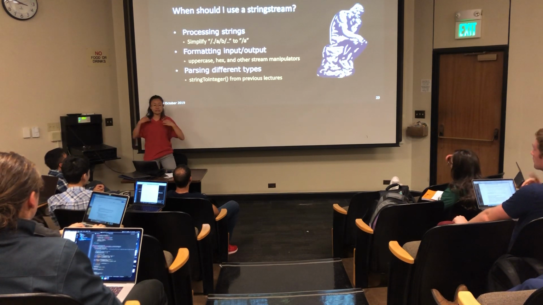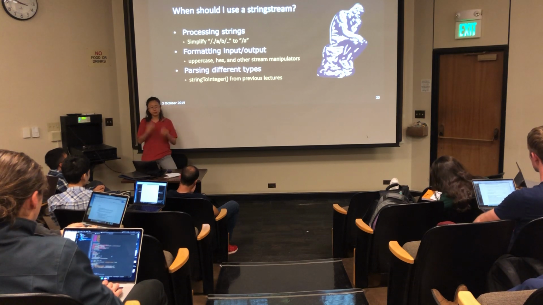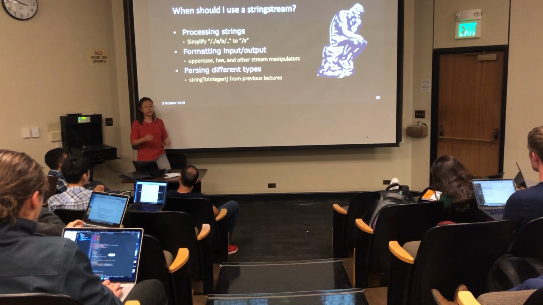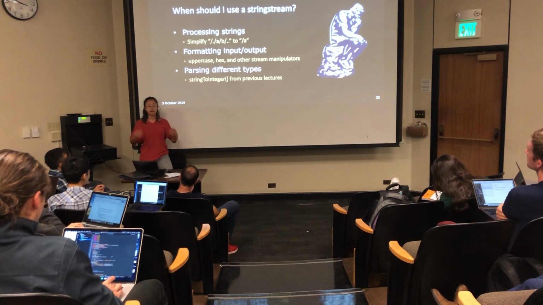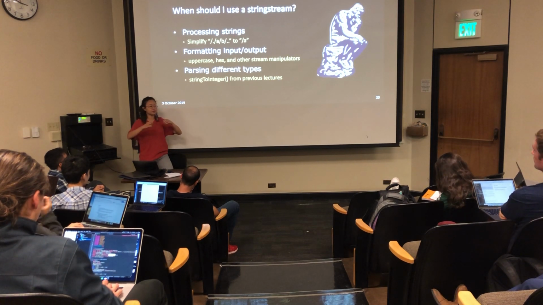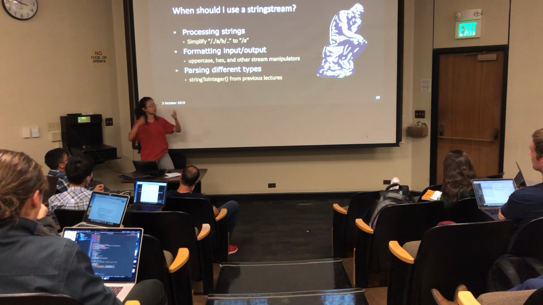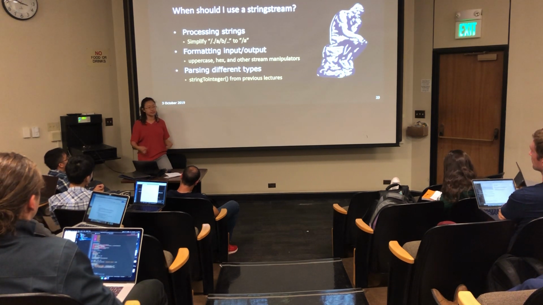We didn't get a chance to talk about stream manipulators in relation to input and output streams or string streams, but things like endl or flush are all known as stream manipulators. So are things like uppercase and hex. For example, if you are outputting your stream, you can insert the stream manipulator uppercase and it'll output everything as uppercase.